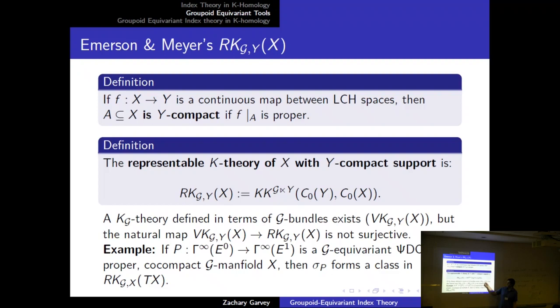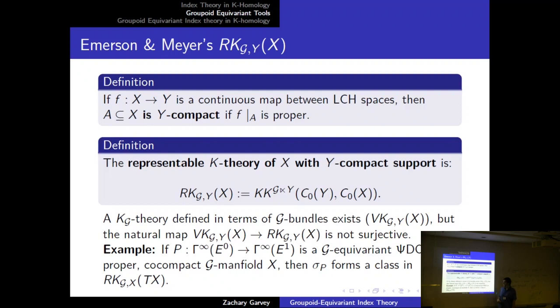The appropriate notion would be vector bundles with a homomorphism that is an isomorphism outside of a Y compact set, rather than just a compact set. If you call that VKG, what's really interesting is that there's a natural map into KK. There's always a natural map into KK, but it happens to not be surjective in general.